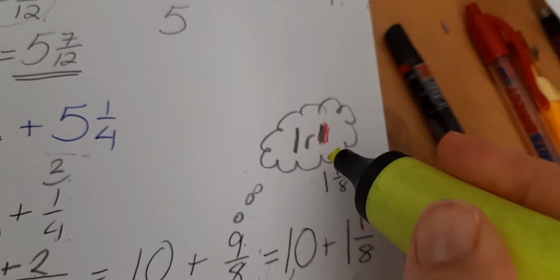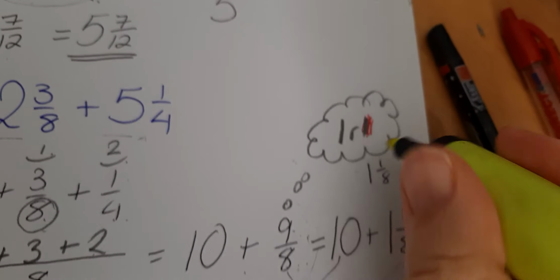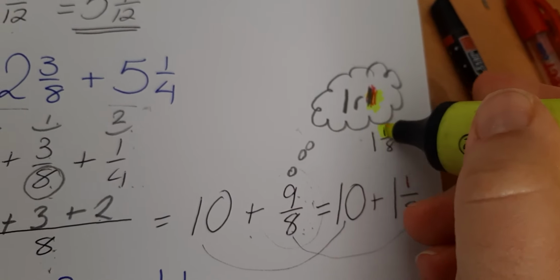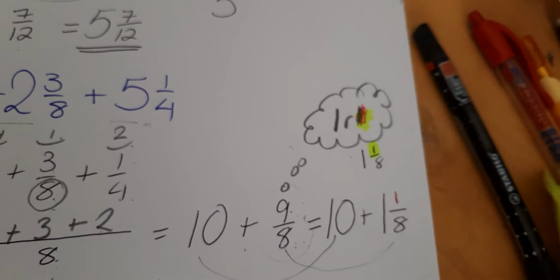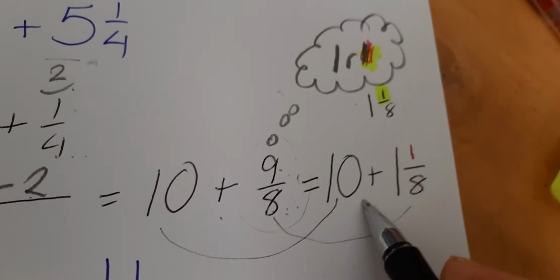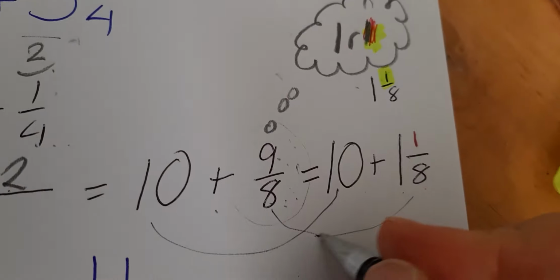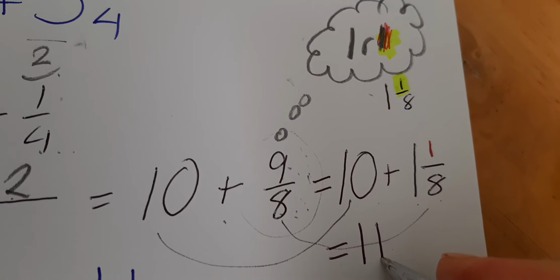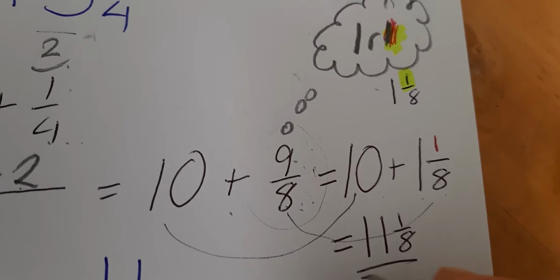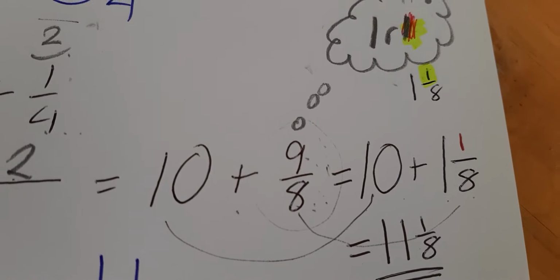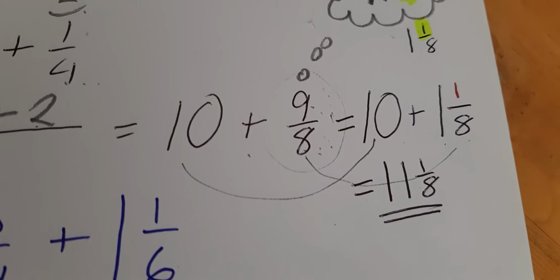So that remainder 1 here is here. So 10 plus 1 and 1/8 will be 11 and 1/8. Okay, let's move on.